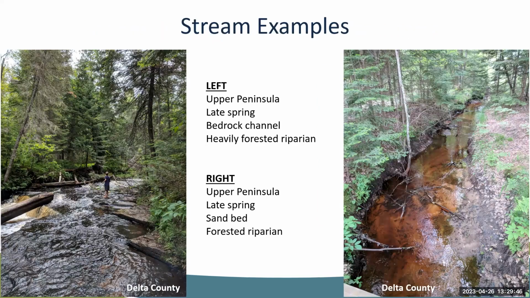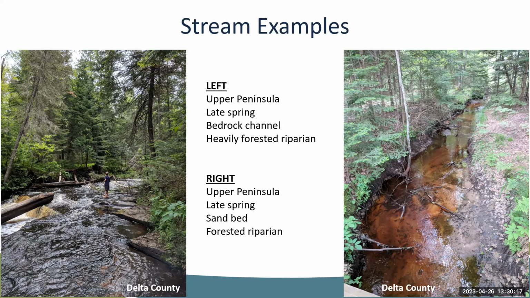So we're going to start out with wetter perennial channels, and we're going to move through the continuum to some of the drier channels, and then to features that are not streams. The photo on the left is from the Upper Peninsula, a late spring photo. This is a bedrock channel with a heavily forested riparian, but you can definitely see that this is a stream and that it has bed and banks and evidence of flow.